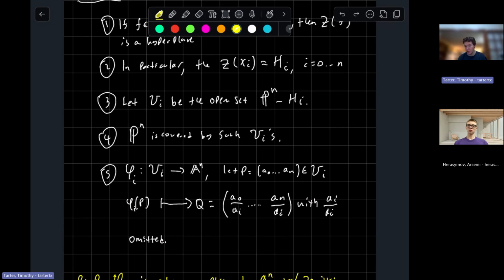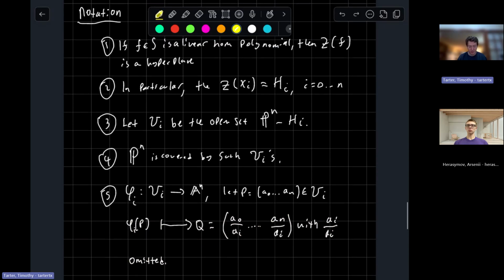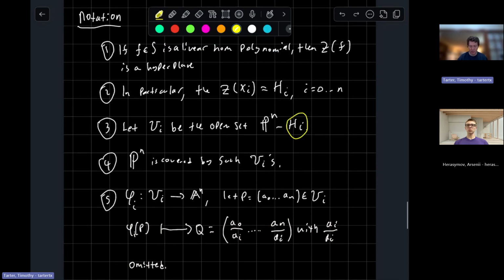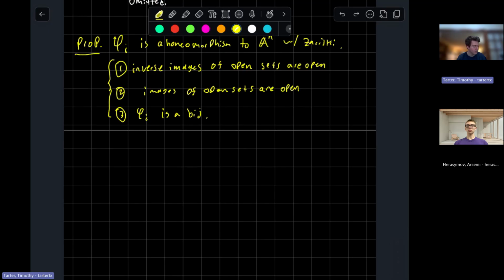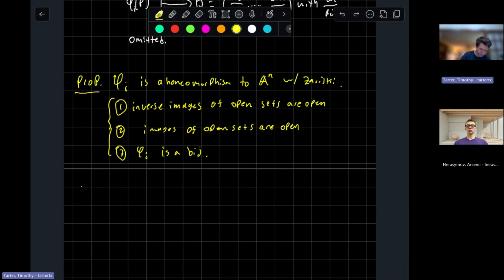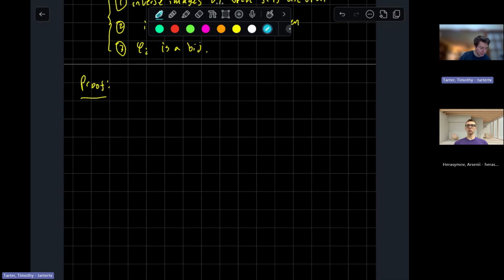So inverse images of closed sets are closed. And then same thing, images of closed sets are closed. Well, we map H_i to finitely many points, or really a zero set. And so, yeah, I don't even think we need to prove this. Basically, if whoever's watching this feels like you don't get this, maybe it's a good idea to prove this on your own. And I'm going to say proof sketch.